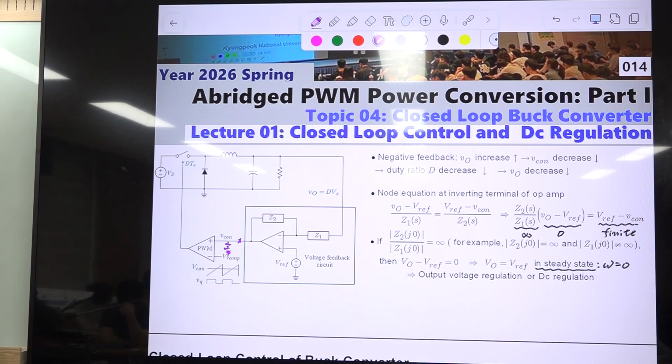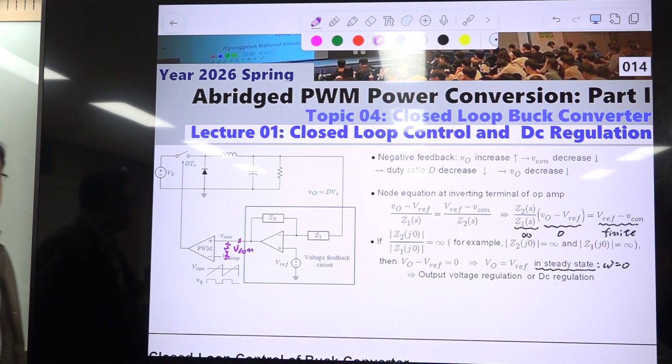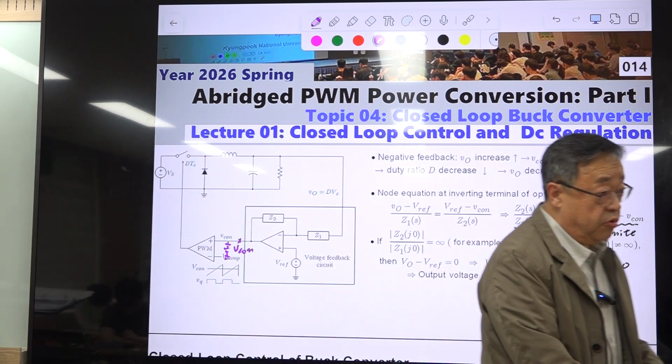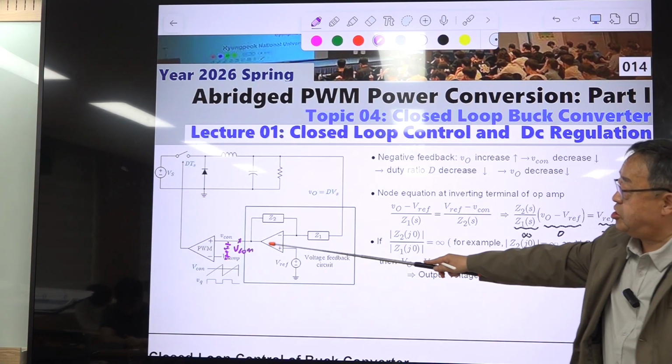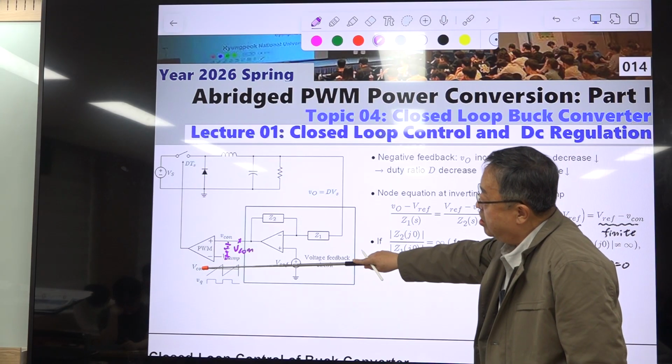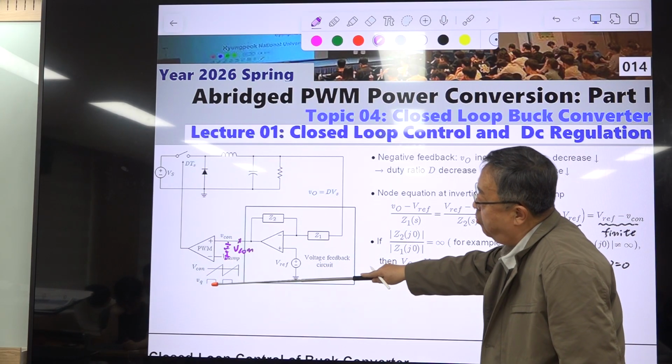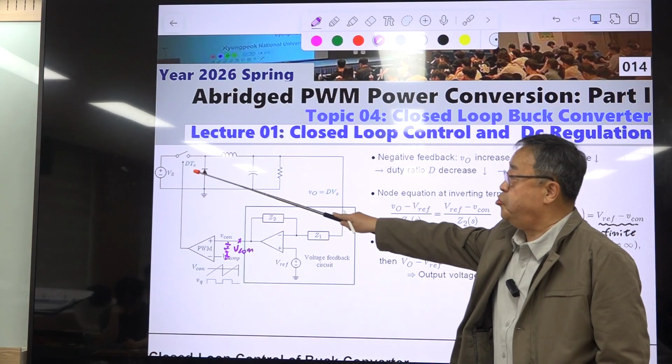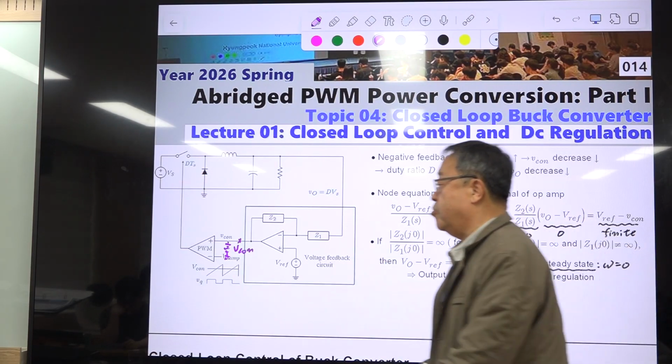This is V con, fixed value. Okay, so there's a cut. That is the open loop operation. For that case, this control voltage is fixed at constant DC. Then the width of this pulse waveform is fixed, which means the duty ratio is fixed. That is the open loop operation.